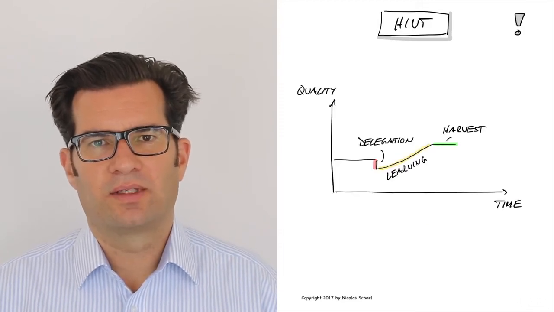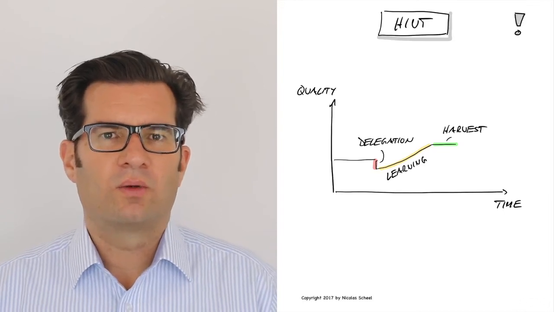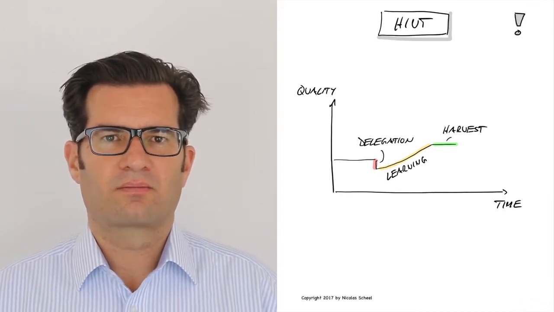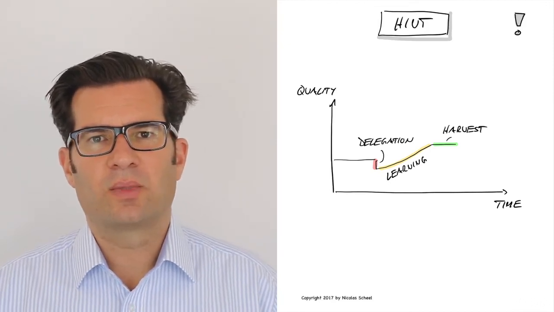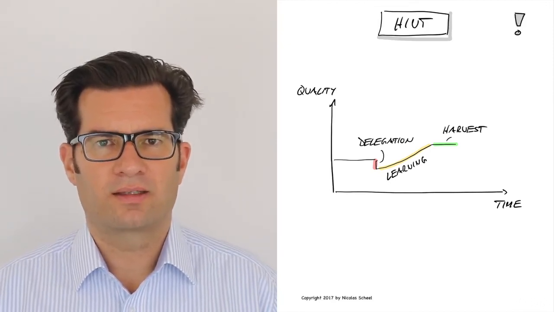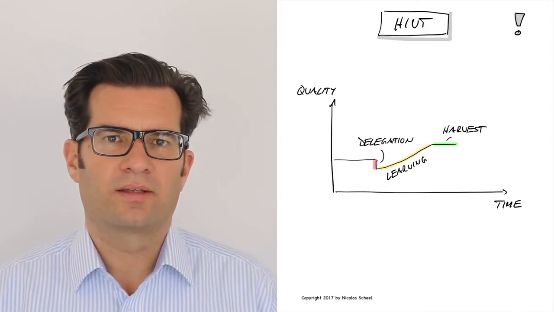And the second tip, you should be aware of a phenomenon that is going to happen. If you take a look at this diagram, you have the time that is passing on the x-axis and the quality of the result on the y-axis.